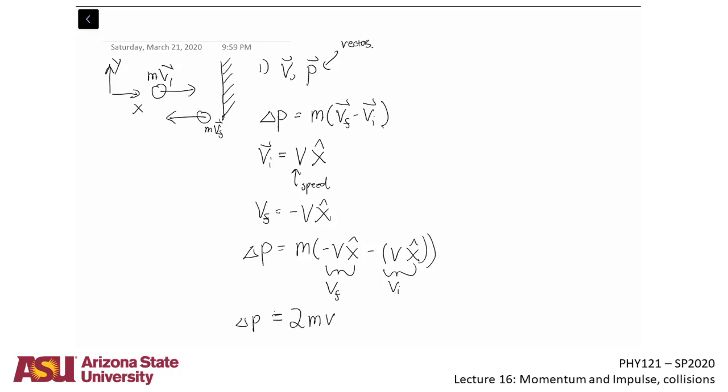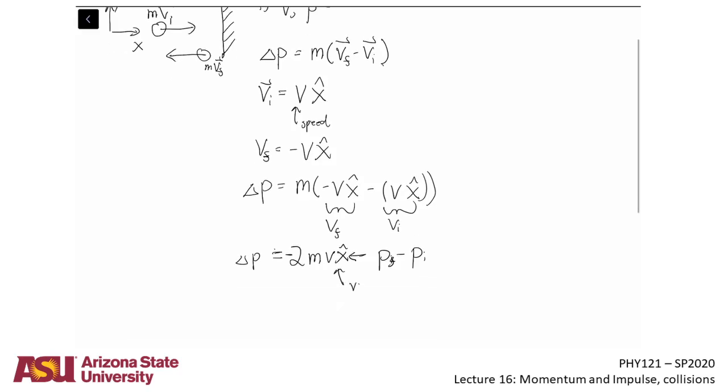So this is useful, right? This is the final momentum minus the initial momentum, x hat. Note, this is a vector, okay? So the change in momentum is still a vector quantity. The magnitude of delta p is 2mv.